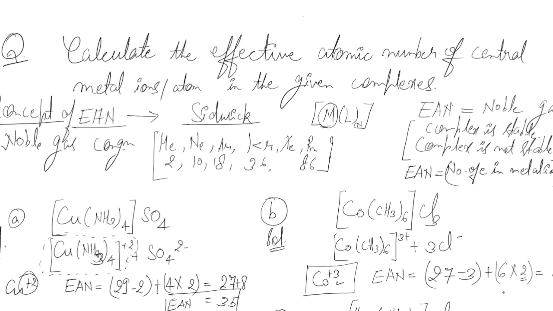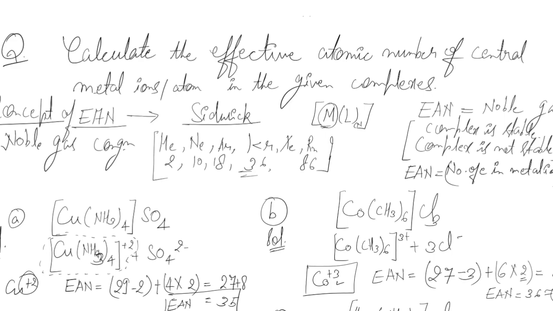Now this is very interesting: the effective atomic number for this particular complex is 36. Now this 36, you know, is equivalent to xenon, sorry, this will be krypton. So this is equivalent to the krypton. You can see here. So that's how we do the effective atomic number calculation.